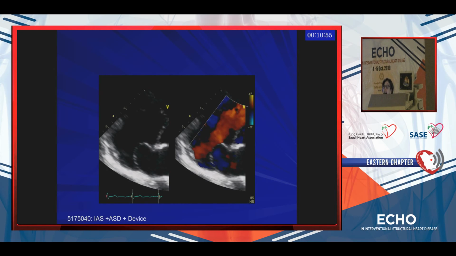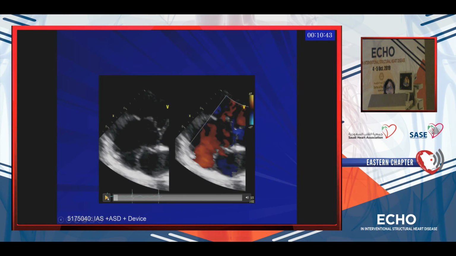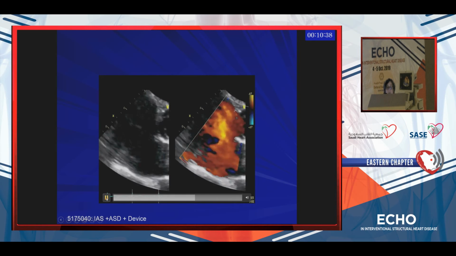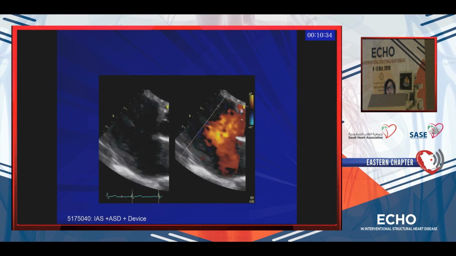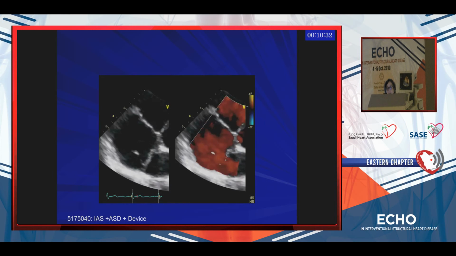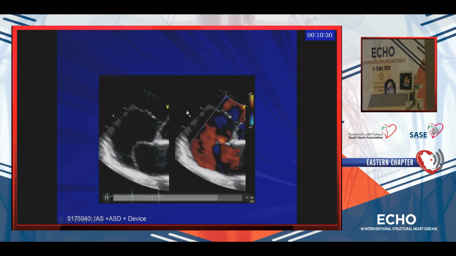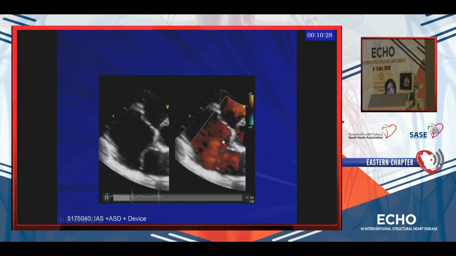You can again have, like you've been told in the first talk, an interatrial septum aneurysm with an ASD. And this is a case where you can see that the interatrial septum is quite aneurysmal, but I do see here some flow which I cannot ignore, somewhere around here.